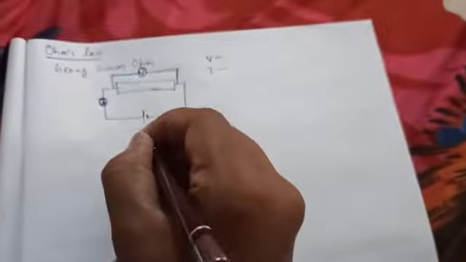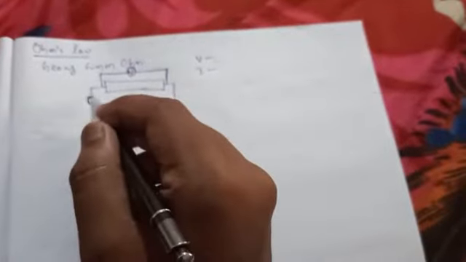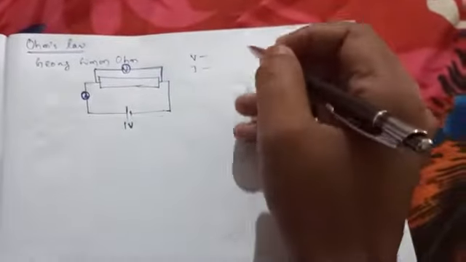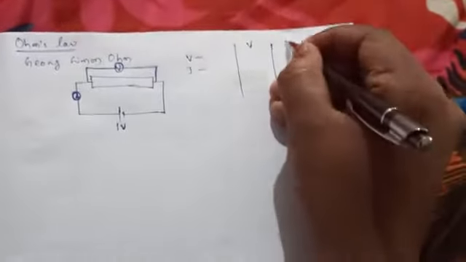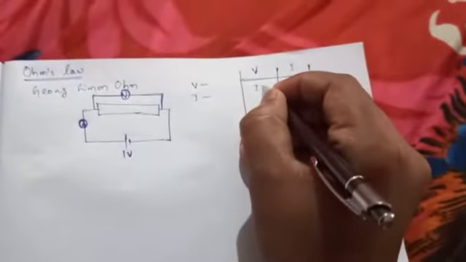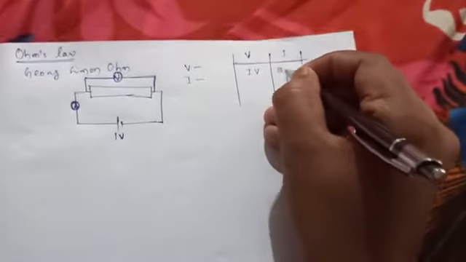Suppose he takes a 1 volt battery first and finds the reading of current in the ammeter. He tabulated both voltage and current inside the wire. First he takes 1 volt, and suppose he gets a reading of 2 ampere.